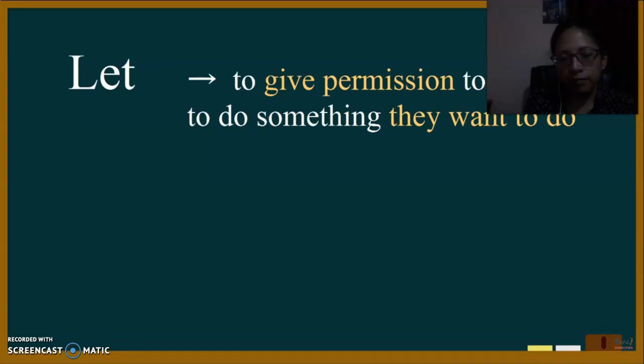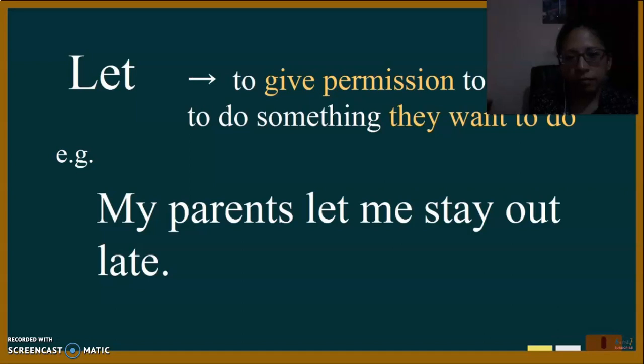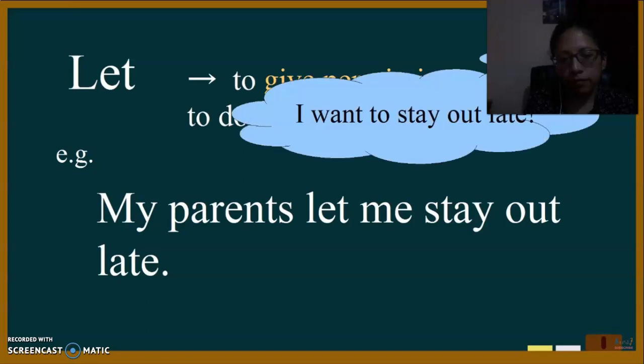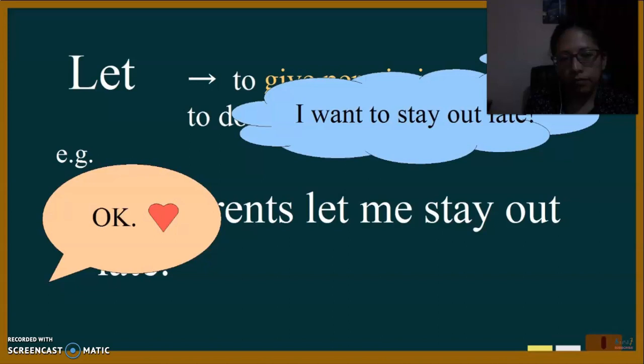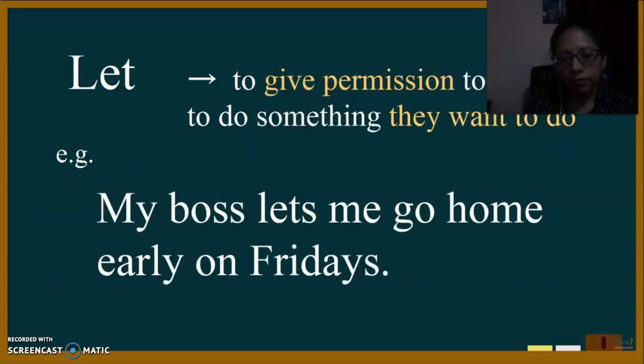Let means to give permission to someone to do something they want to do. Example: my parents let me stay out late. I want to stay out late, and my parents say okay. My boss lets me go home early on Fridays.